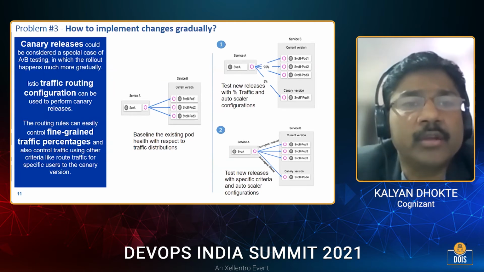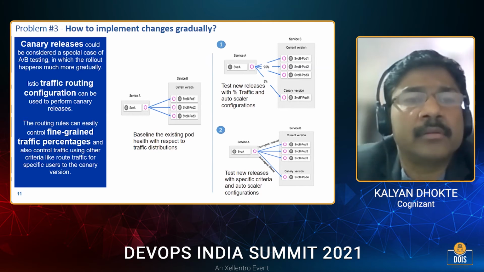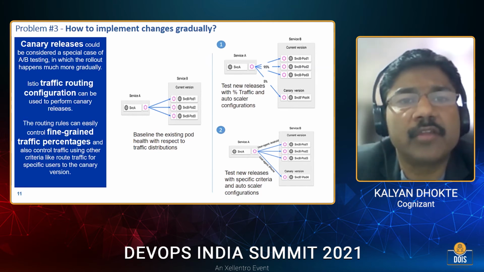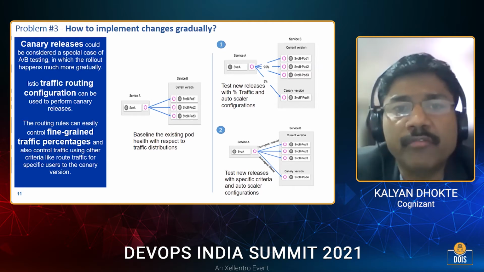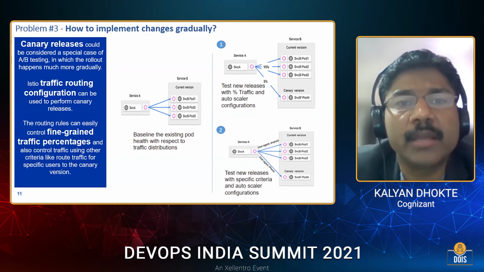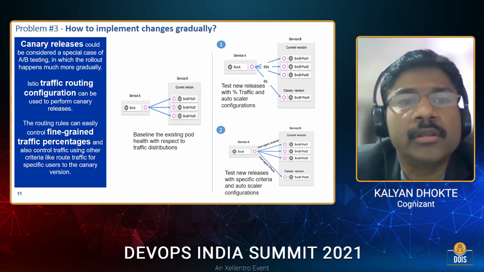Initially, what I need to do is baseline the existing pod health with respect to all the traffic distributions. The first criterion is that I can start with a smaller percentage, so that only specific users look into that and do the testing. I need to have an autoscaler configuration, so that whenever the load increases, it scales up with additional pods and takes care of whatever performance baseline I have.